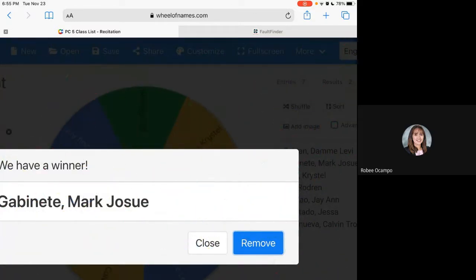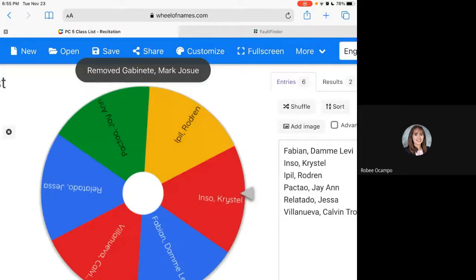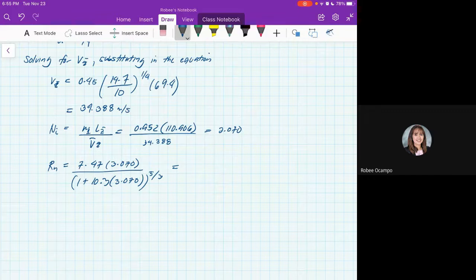Mr. Gabinete. What is the value for our Rn? Wait po, ma'am. 0.388 po, ma'am.